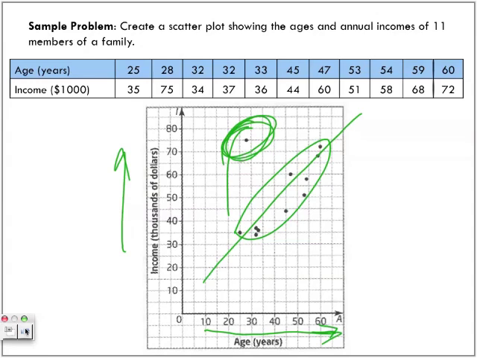Eventually, you'll get a raise after a year, after another year, after a couple of months. But you're getting older, so the independent variable is changing. Your age is changing, and your income is going to probably increase as well. So we can say that this is a strong positive correlation.